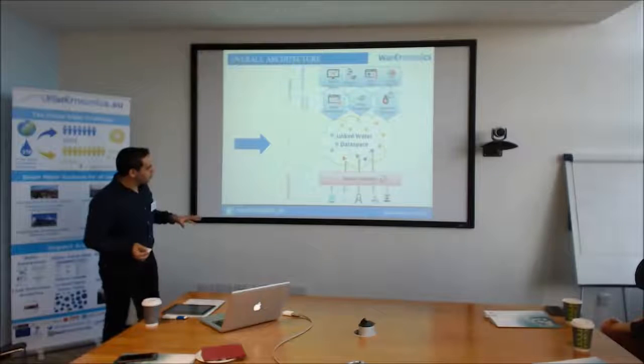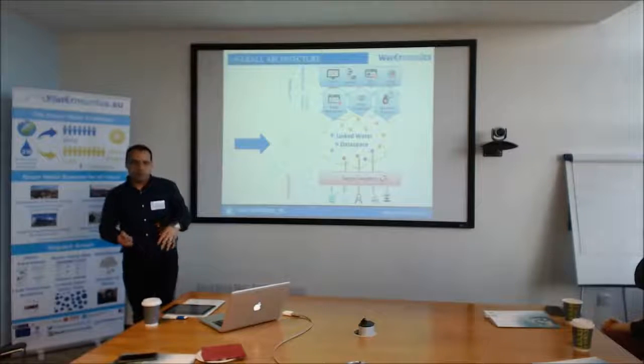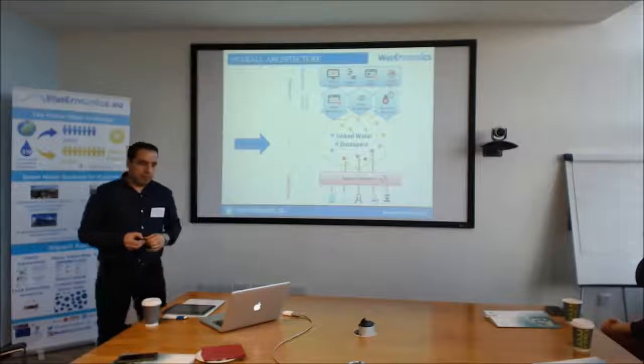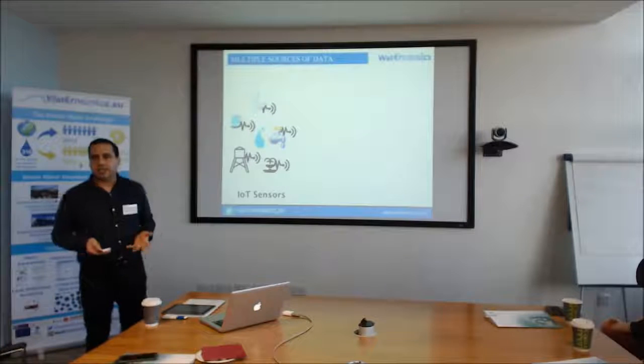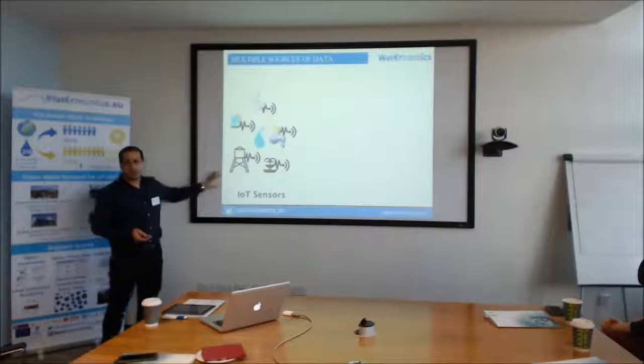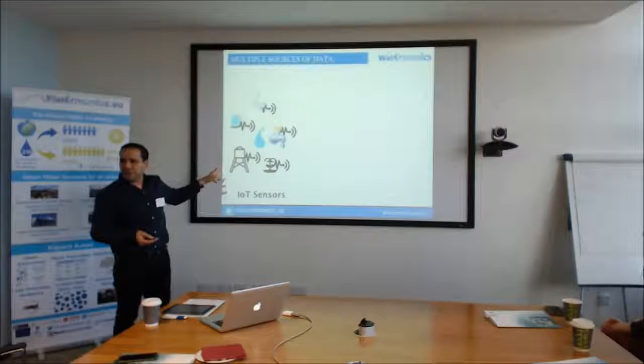But the most important part for me and for this talk is the data space, the linked water data space. We had to think about, first of all, the sources of data that we're considering. It's not only sensors that are observing different types of appliances, including toilets, but I don't think we have toilets. We're observing toilets in the project.